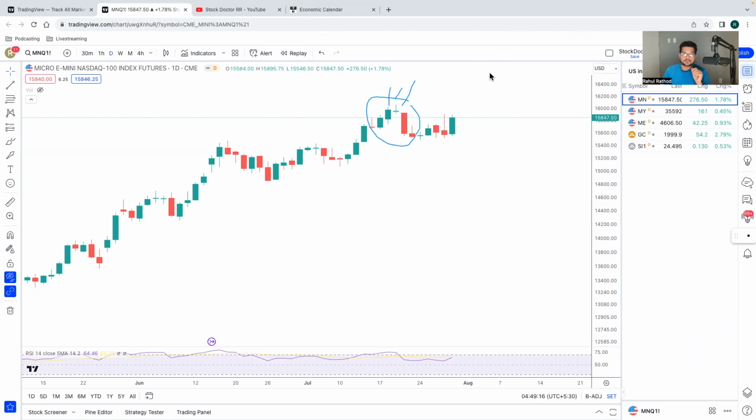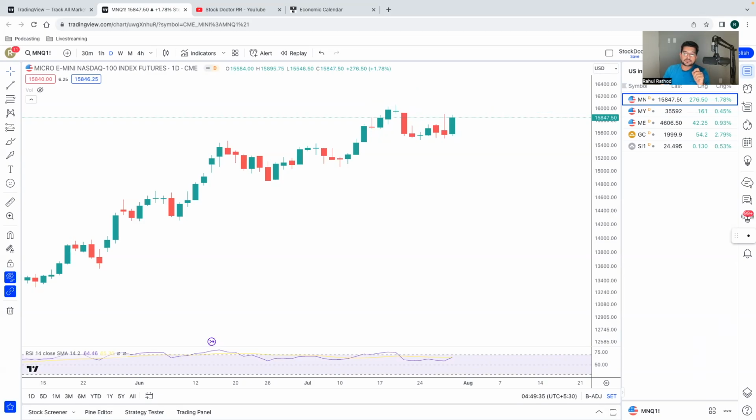Before that there was an evening star pattern, but after the data, the market spiked. But still, 16,100 is not crossed. So whoever is short definitely needs to take the risk of 16,100 being crossed.